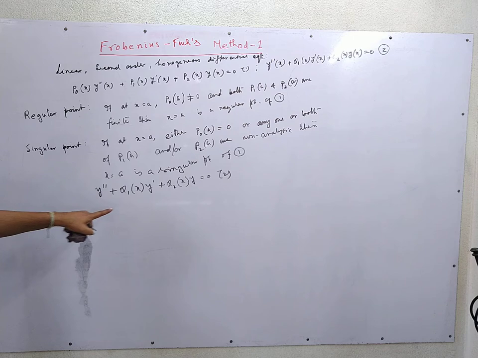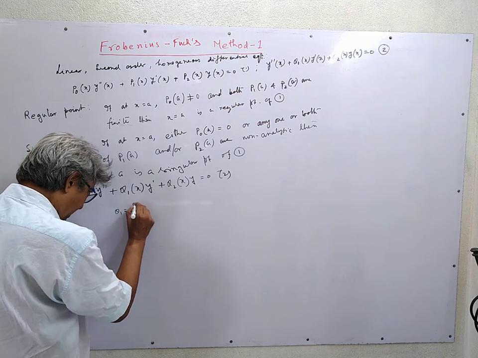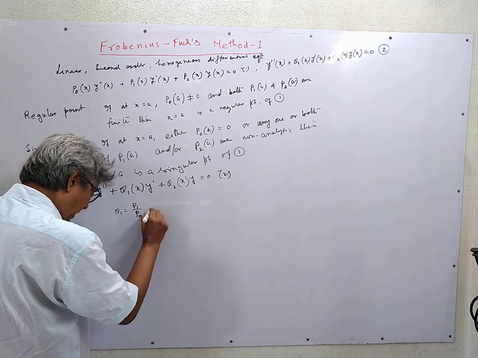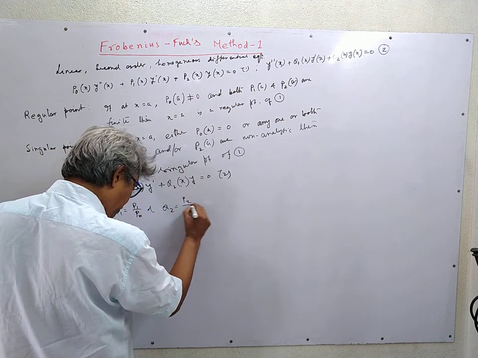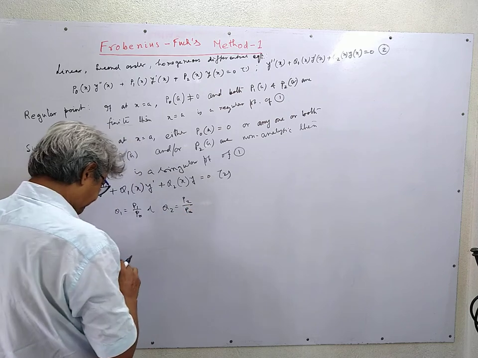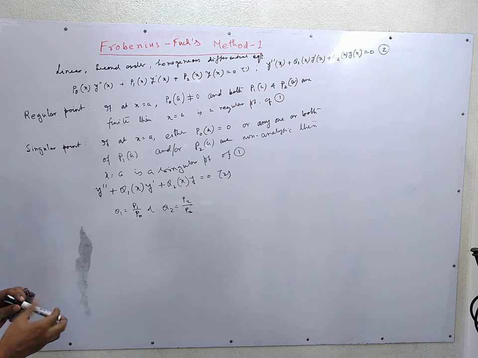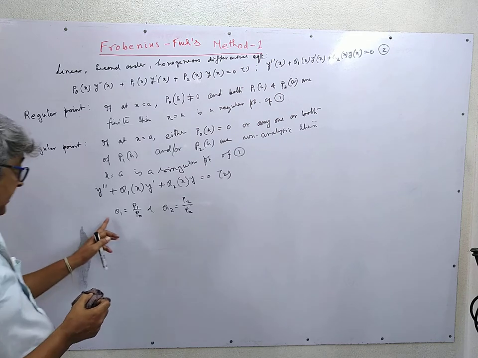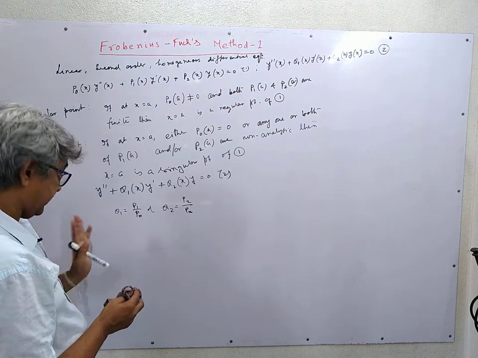You see that Q1 of x is simply P1 by P0, and Q2 of x is equal to P2 by P0. When P0 is 0, then there is a possibility that both Q1 and Q2 are divergent, that is non-analytic.